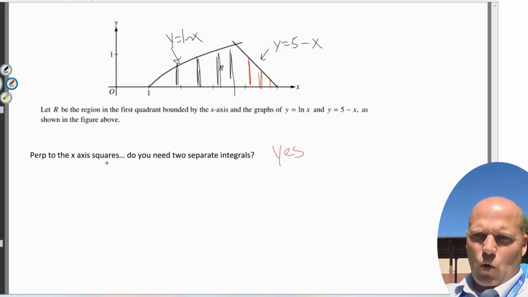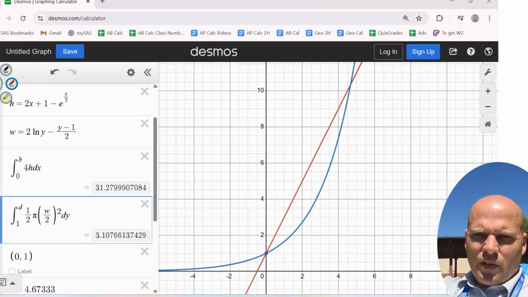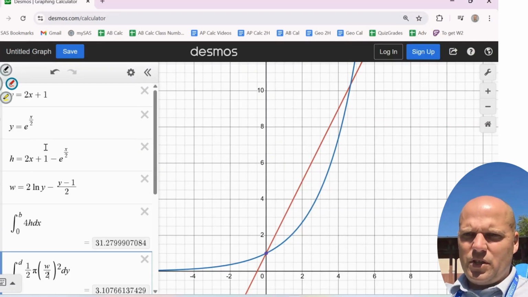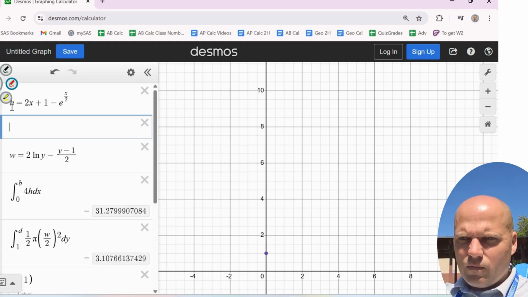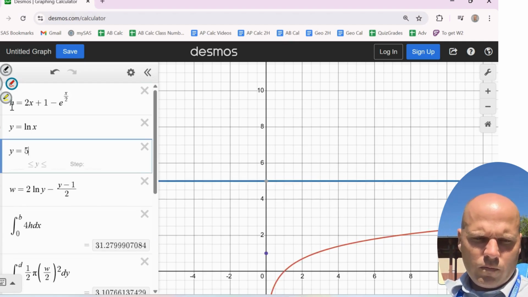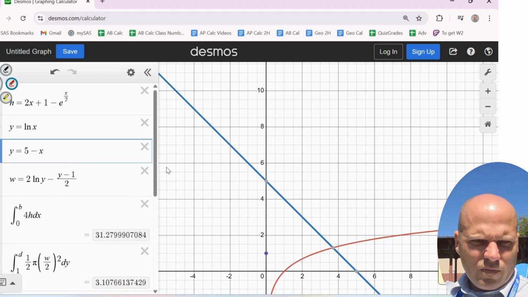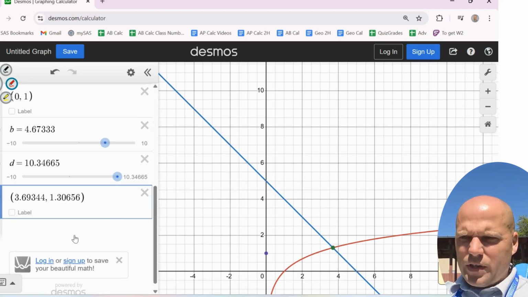I need my h1, which is log x, and then I need my h2, which is 5 minus x, minus 0. I need to figure out the intersection between these two things. .693, I'll call that A.